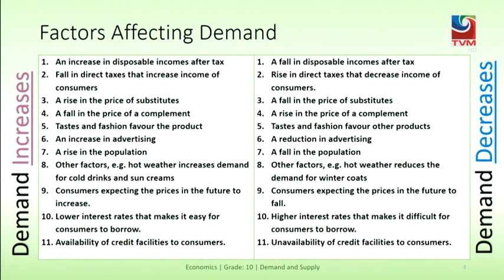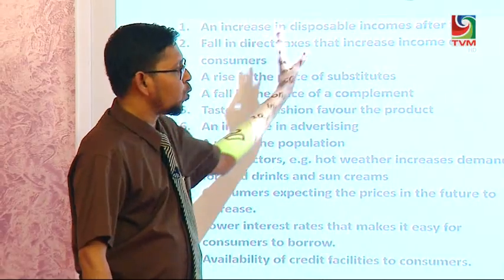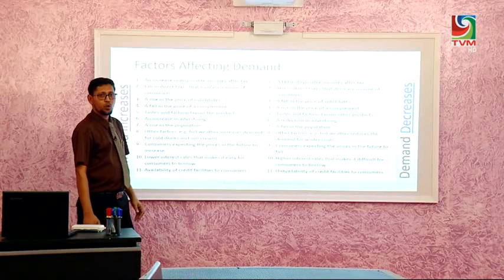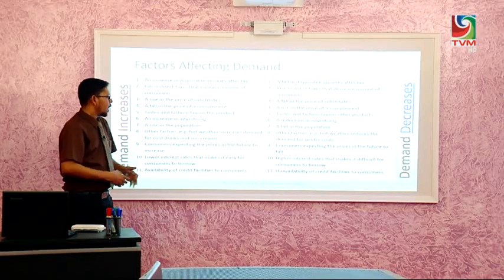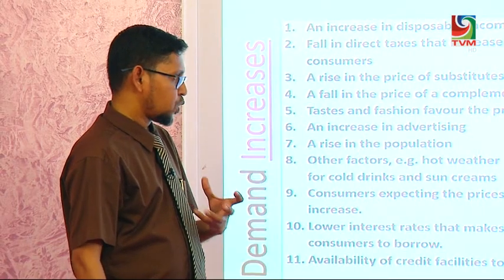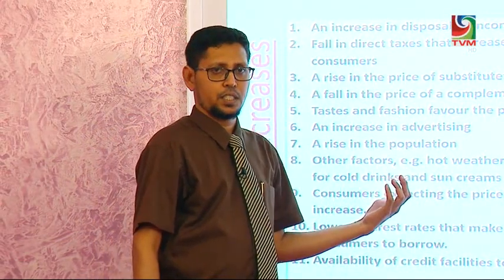So what you can do in grade 10 is write all of these points on a paper. Then you can use that as a reference when you answer the questions. The problem is that most students don't remember these factors.